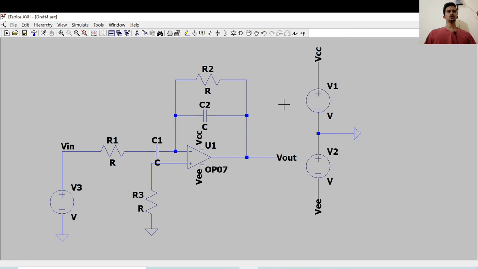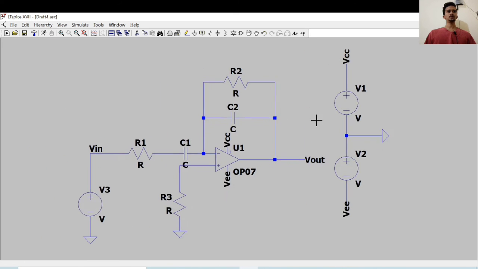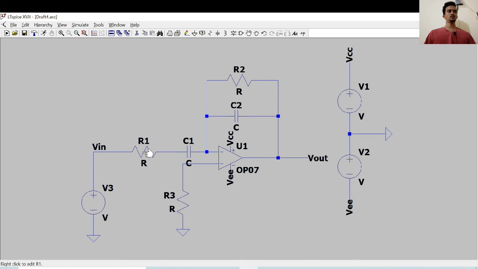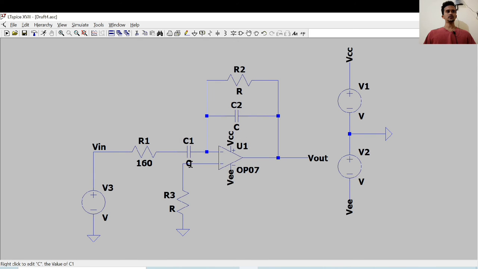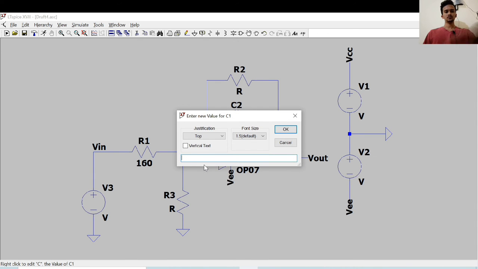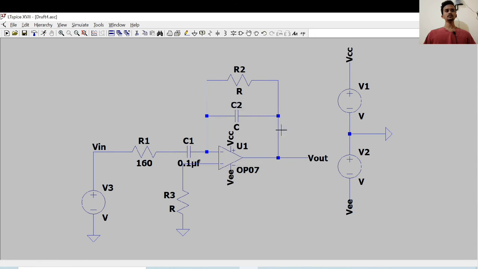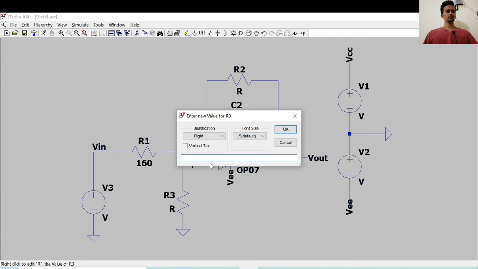Okay, so now let's place the component values. So my R1 is 160 ohm, my C1 is 0.1 microfarad. Okay, and my ROM is 150.